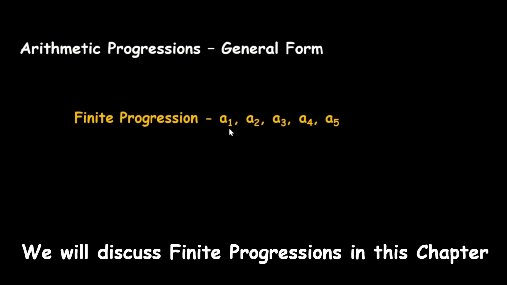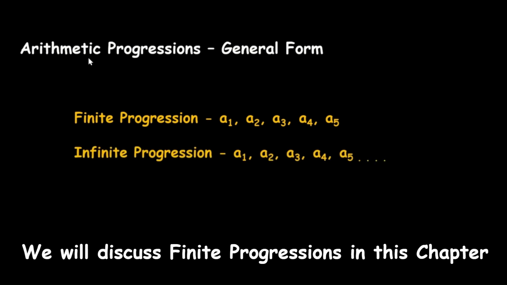So here in this example, the terms are A1, A2, A3, A4, and A5, and A5 being the last term. And it is indicated with symbol L for finite arithmetic progressions. And arithmetic progressions can also be infinite. That means that the list of numbers never ends. They keep going on, and there is no last term L for infinite arithmetic progressions.